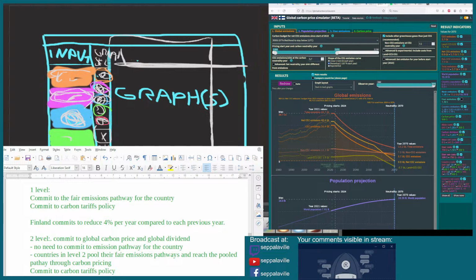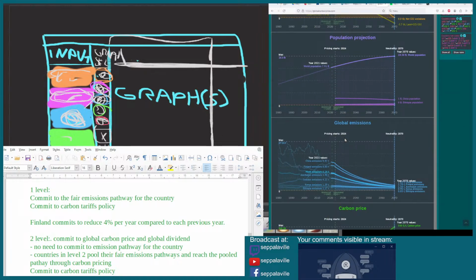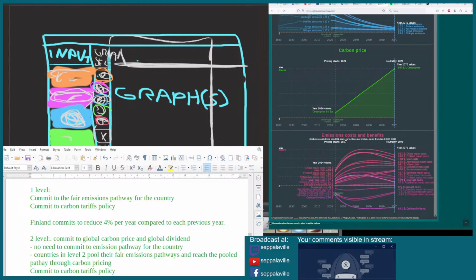Regarding that, one big thing would be nice: graphs that compare different choices you make. For example, you have the sink goal at 5.7 and you change it to 3.5, and see how it affects everything in the graph.